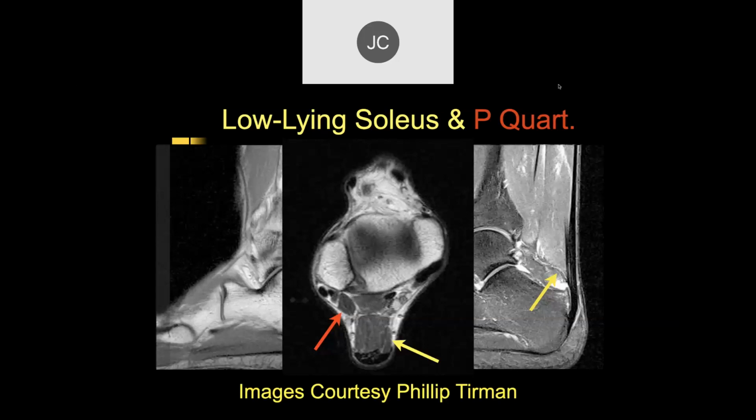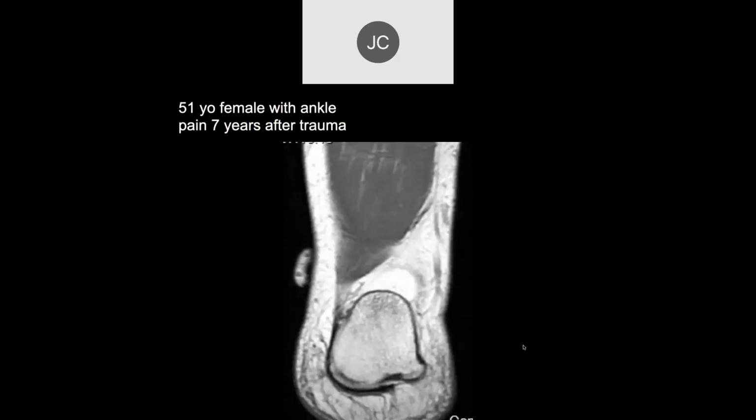I think we'll talk about the anatomy for that in a minute. But you're right. So again, it's a low-lying muscle. I saw a similar case to this, I think yesterday or the day before. Okay, Oleg.